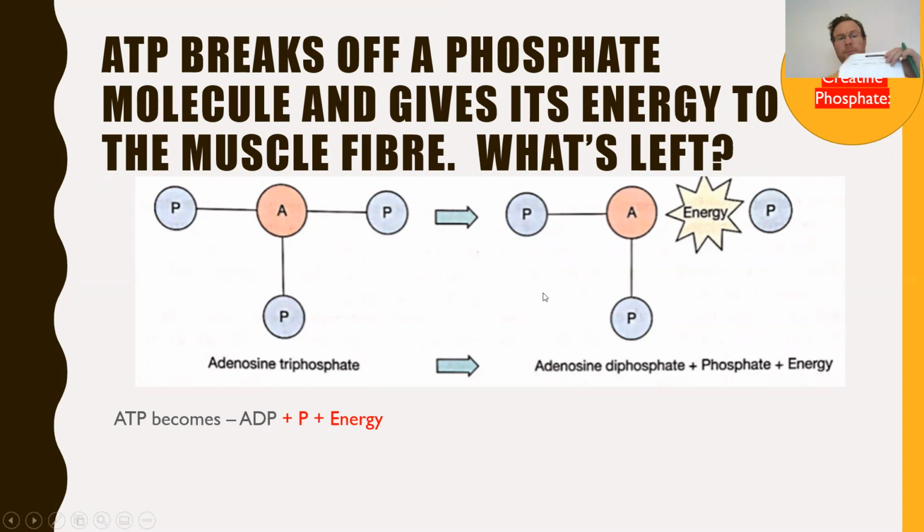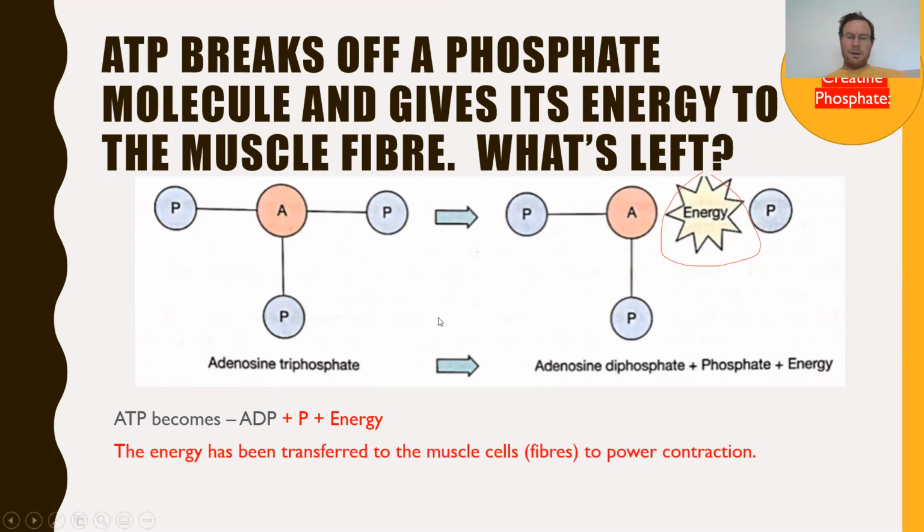ATP becomes ADP plus P, adenosine diphosphate, plus a spare phosphate, and also this energy that went to the muscle fiber. So the energy has been transferred to the muscle cells to power contraction.